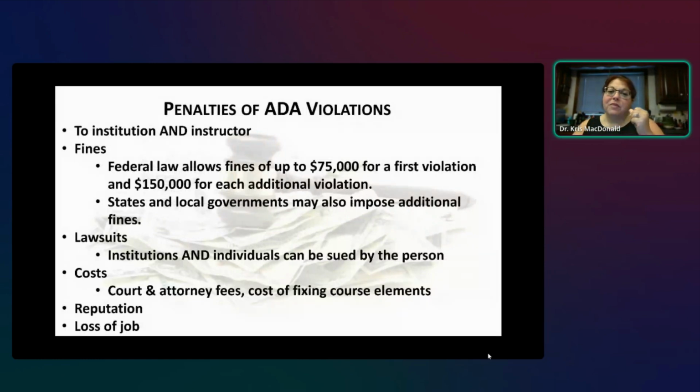So this one is interesting because not only can the institution, so the community college, the college, the university, the for-profit, so we're talking about any institution of higher ed, not only can the institution be sanctioned with violations here, but the instructor can as well.